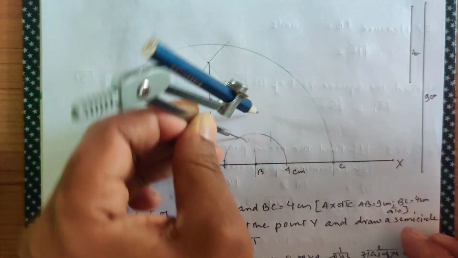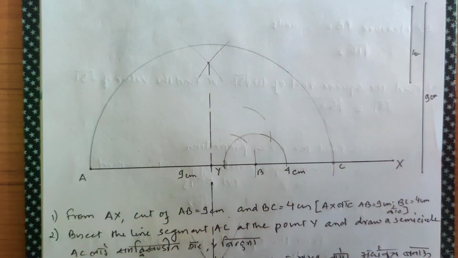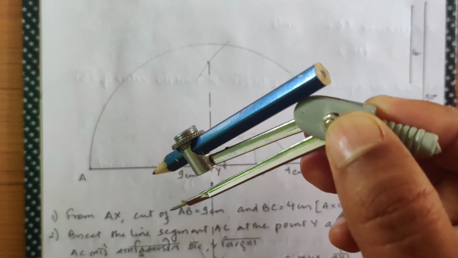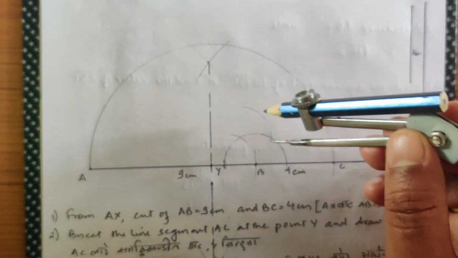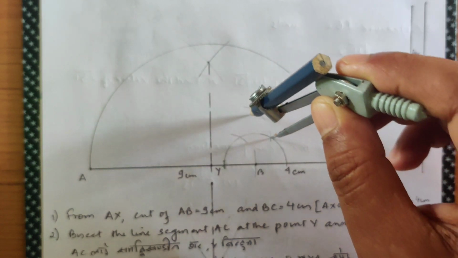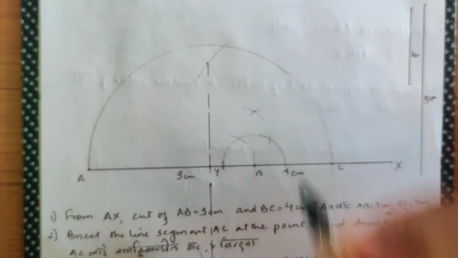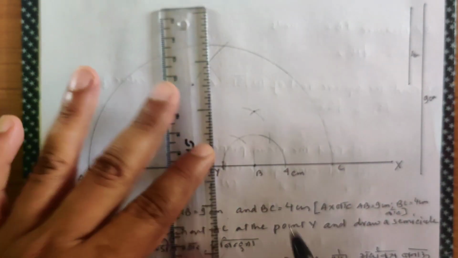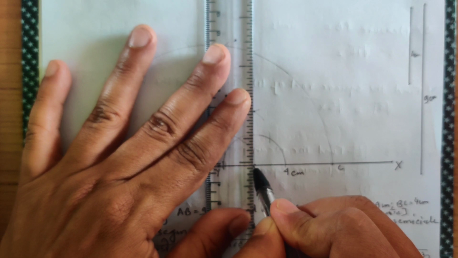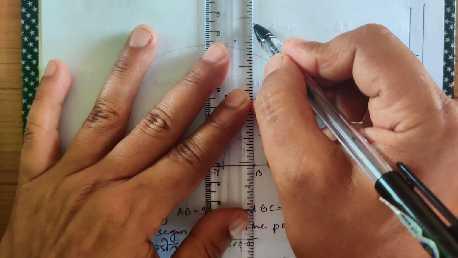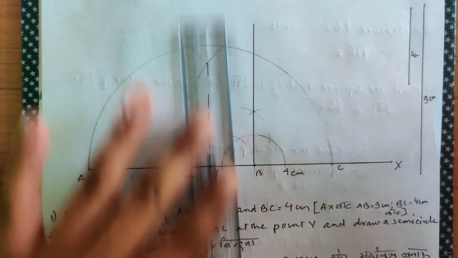I've taught you the right way of holding a compass. Never ever hold this way. But under the camera it's very difficult for me, so sometimes I hold the compass in the wrong way. Don't get influenced by that. Let it be long, it does not matter.